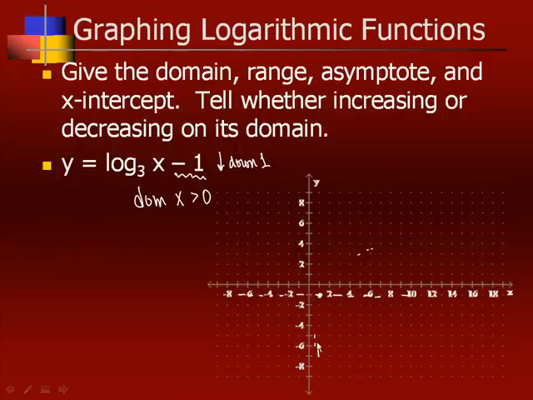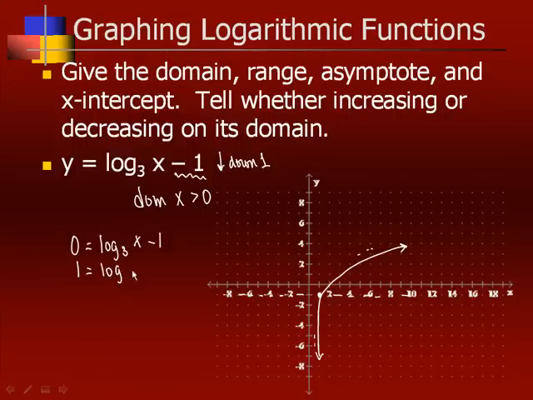Which is where it's going to cross. So our graph's going to come up through here, it's going to cross, and then continue up there. Notice our x-intercept, we're going to let this thing be equal to 0, so we get 0 equals the log base 3 of x minus 1.